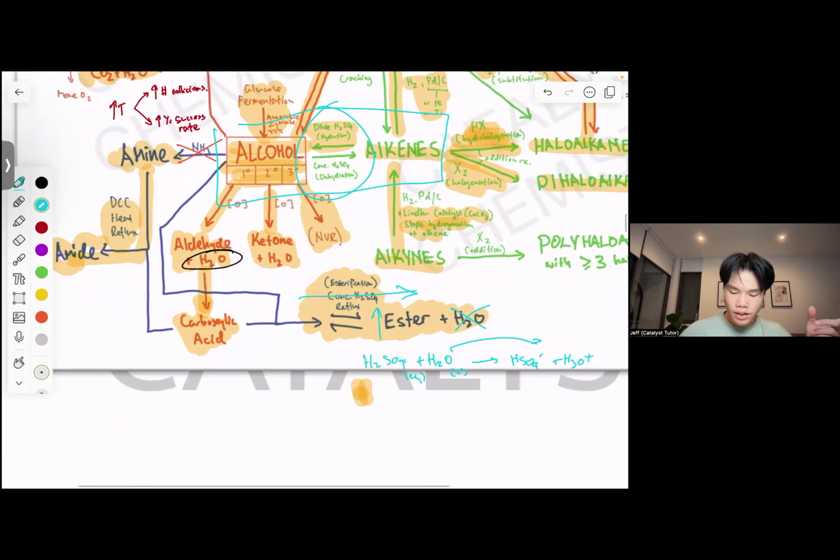And then the second thing, reflux. What is reflux? Why do we use it? Two reasons once again. Why do we use reflux in esterification? Good.